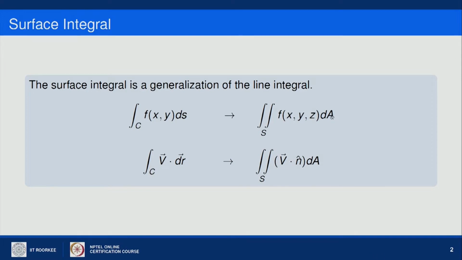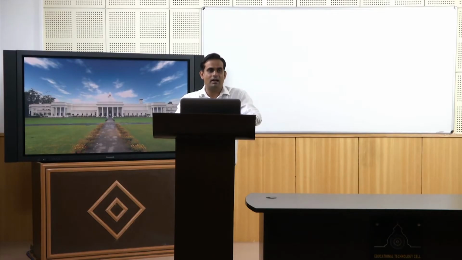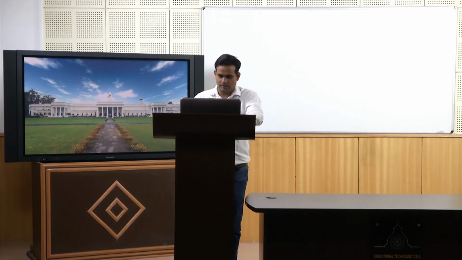So, this can be generalized in this way, and this I will call the surface integral of a scalar field or scalar function over a surface S. Similarly, this is the line integral of a vector function along a curve C having the parametric representation r, given by the integral over C of v dot dr. This I am going to generalize as the surface integral, that is v dot n dA over the surface S. Here n is the unit normal vector oriented outward to the surface S.